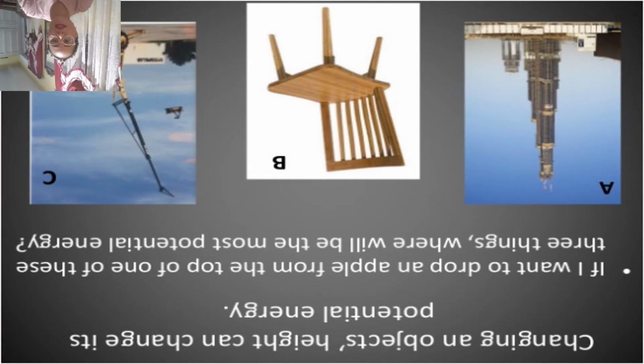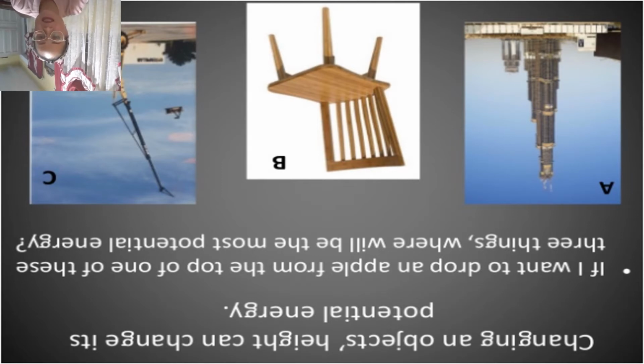Next example, we have situations A, B, and C. If I want to drop an apple from the top of one of these three things, where will be the most potential energy? Kapag ang apple ay ilalagay ko sa bawat tuktok ng mga bagay na yan.